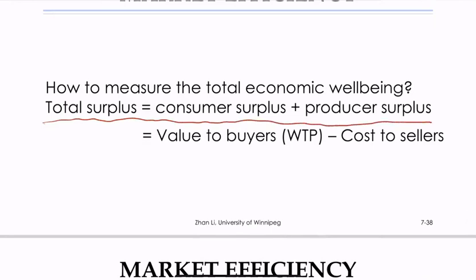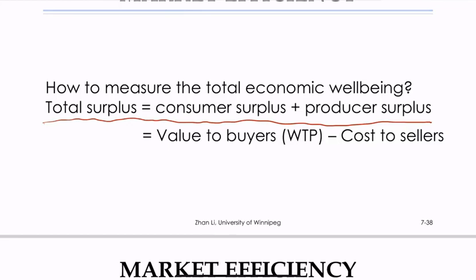That is, we care about two sides of the market, right? We care about consumers and we care about sellers. So we want to look at the combined surplus, which is defined as total surplus. Total surplus equals the sum of consumer surplus and producer surplus, and total surplus is a measure of market efficiency.